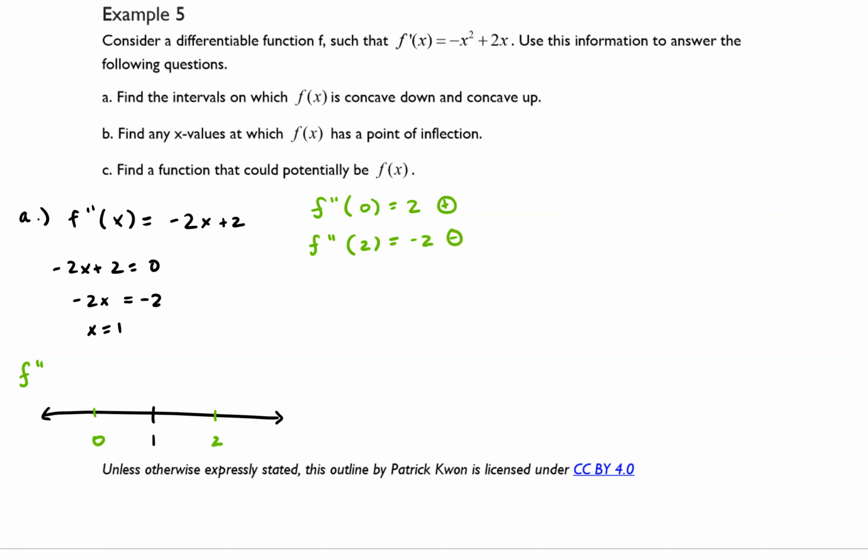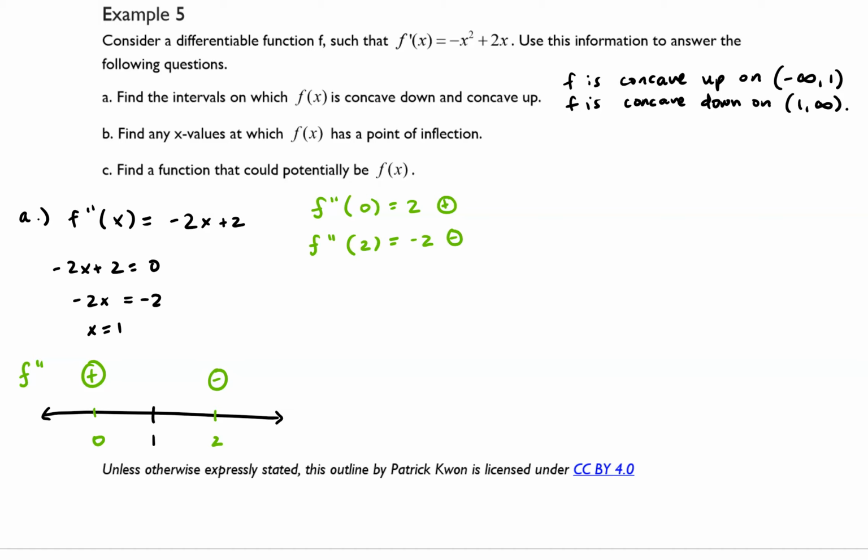that is negative. So we go from positive to negative, which means that we can come to the conclusion that f is concave up on the interval negative infinity to positive 1, and f is concave down on the interval 1 to infinity.